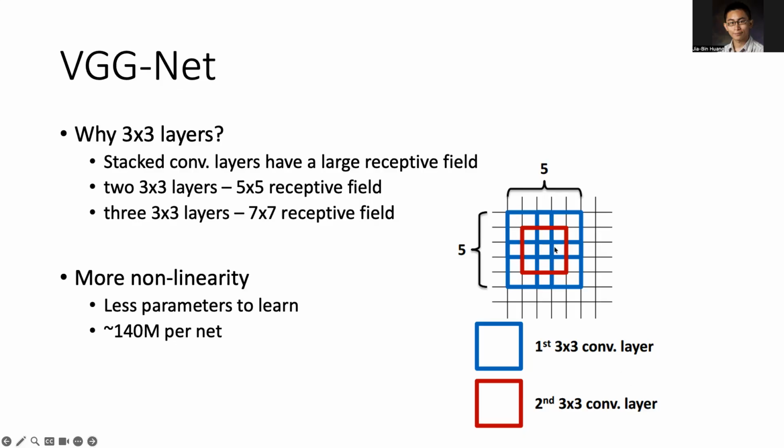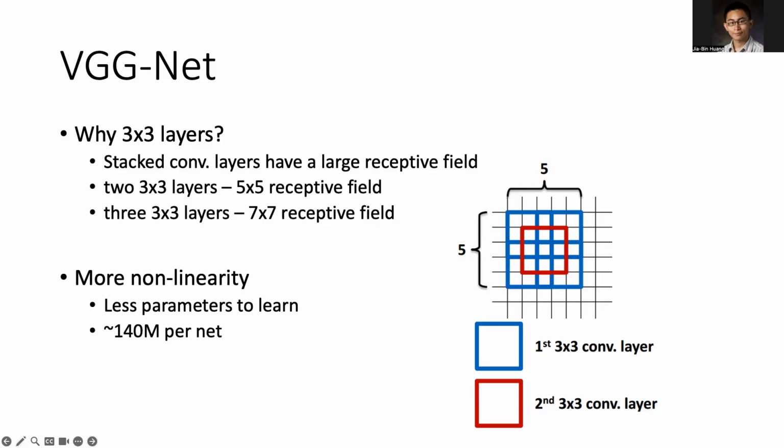The second layer will see the filter output from the first layer. So effectively, the second layer will actually see a 5x5 window of the input. Okay, so you get something that's larger. All right. So the message in this paper is that if you reduce the size of the filter, you can improve the model performance.